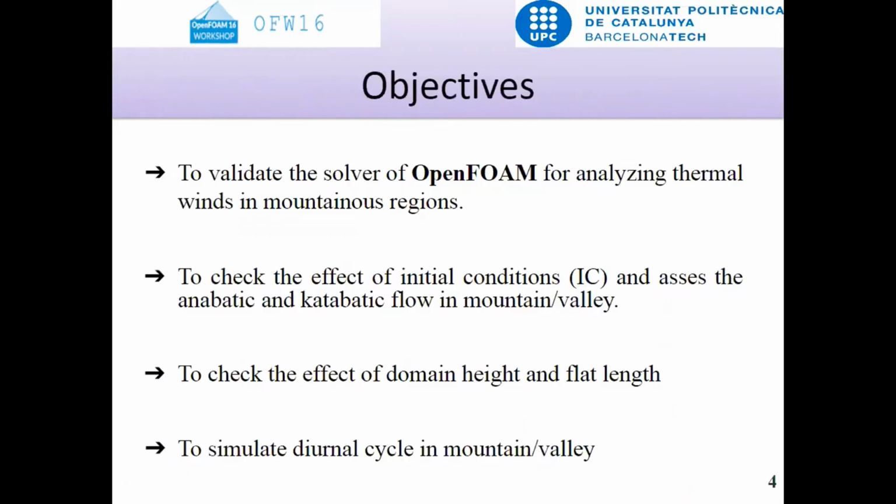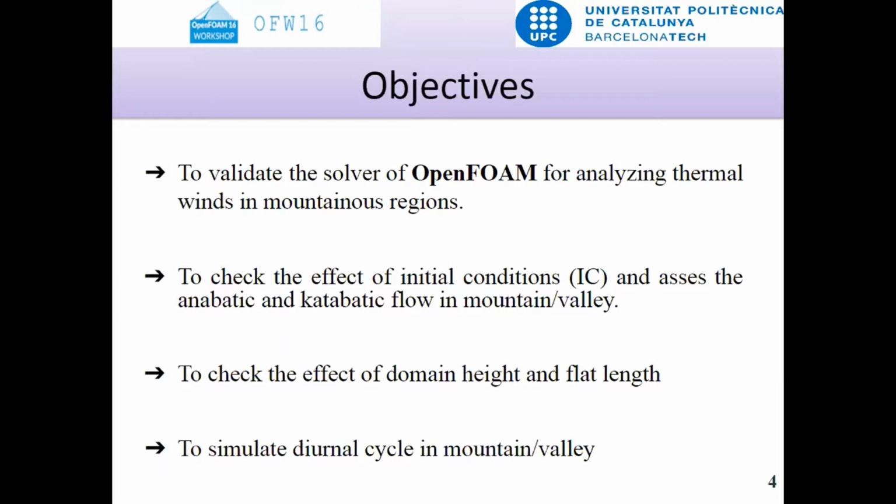The main objective of my work is to analyze these thermal winds in mountainous areas using OpenFOAM. First, we will validate the solver, whether the OpenFOAM solver I'm using is feasible to solve these atmospheric boundary layer problems.